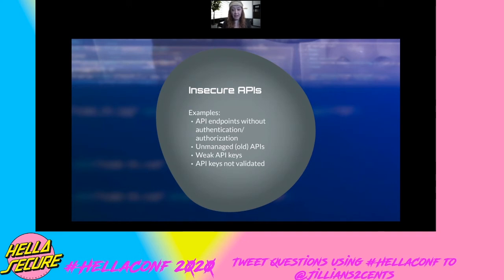Unmanaged, aka old APIs, the kind of APIs that were written maybe 10 years ago in SOAP. Nobody knows how they work. That in and of itself is a vulnerability because nobody's maintaining it anymore. Weak API keys, or not validating them, or not validating them properly. And again, this could be a whole other talk about things that could go wrong with APIs, but just some highlights, things to think about.